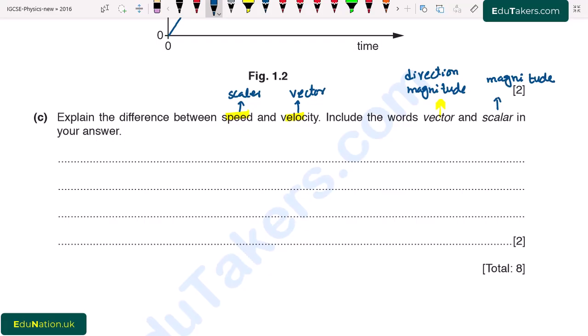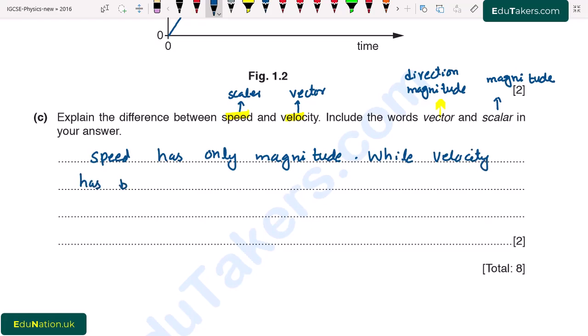So I write here, speed has only magnitude, while velocity has both magnitude and direction. So this is the main difference between the speed and velocity.